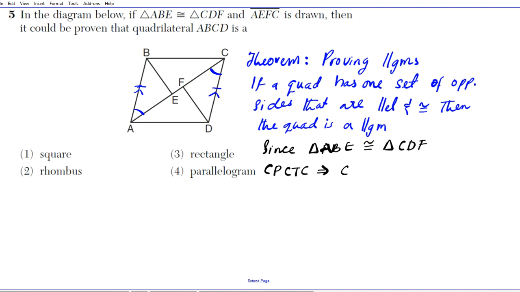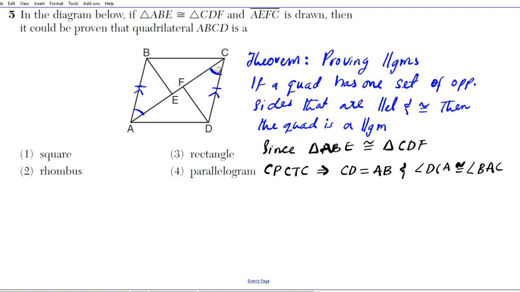So CD is equal to AB. And what else can we say? Angles DCA and BAC are corresponding angles, so they're going to be congruent too. So angle DCA is congruent to angle BAC since they're corresponding angles.